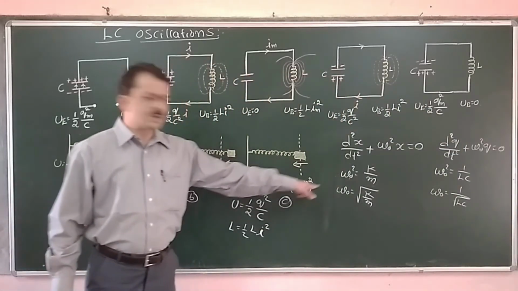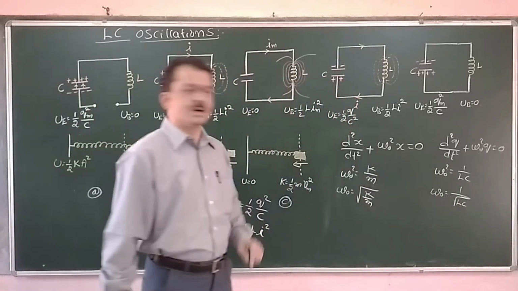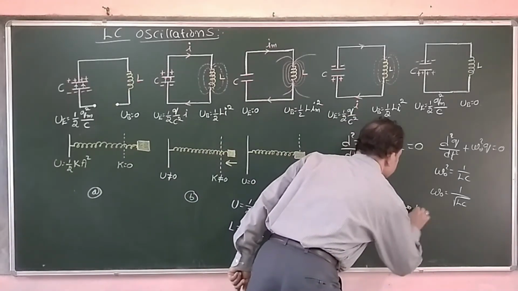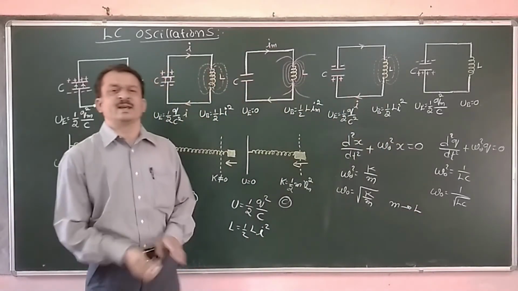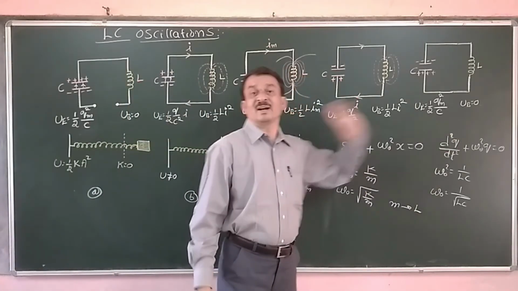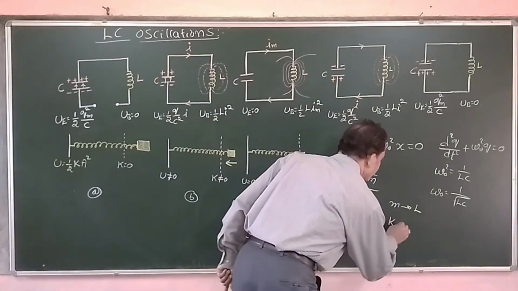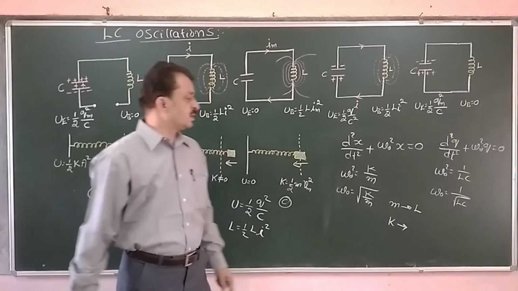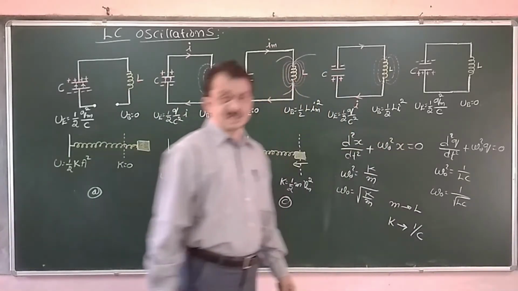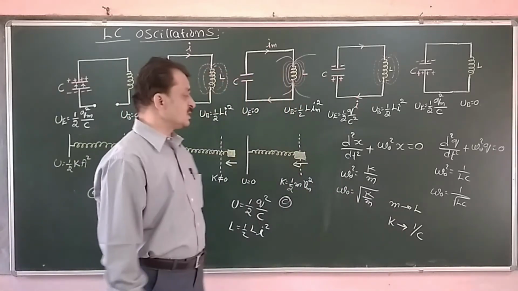Now carefully compare those two. In the place of L, we have m. Therefore mass in mechanics is equivalent to self-inductance in magnetism. Similarly, we have a spring constant K. K is the spring constant, and that is equal to the reciprocal of the capacitance.